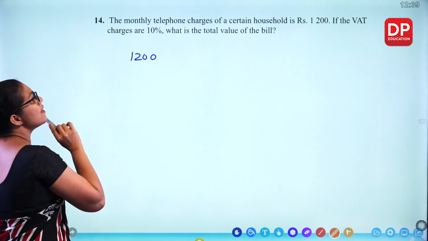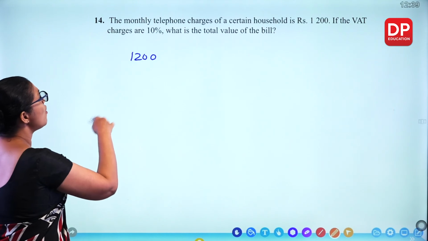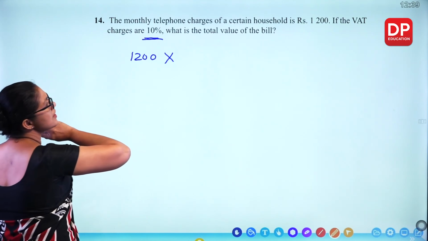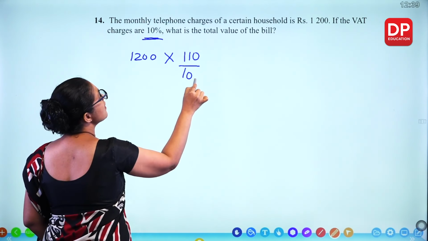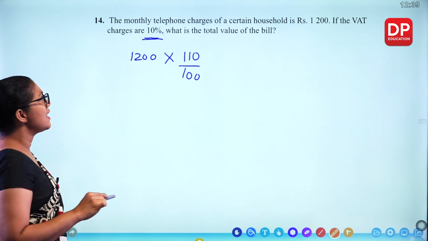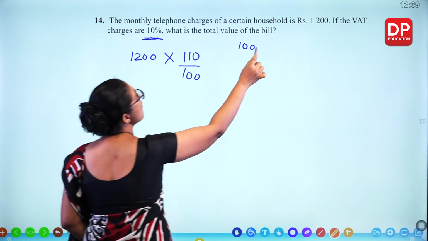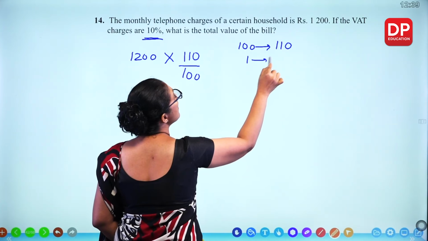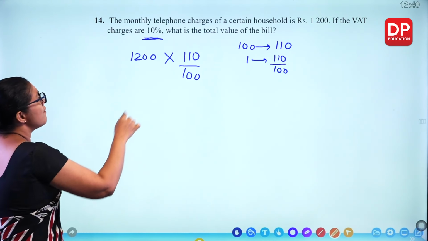So first we can find the VAT and add it to this amount, or straight away you can do it with 10%, the value is 110 over 100. So how did we get 110? With the tax. If you buy for 100, you have to pay 110. And if it's for 1, this is 110 over 100. So straight away you get the value.